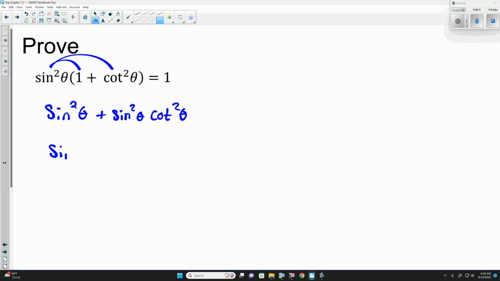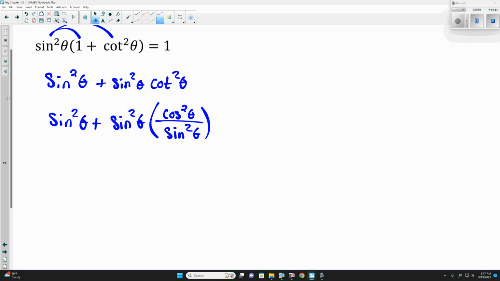Now, to simplify down, I can rewrite cotangent in terms of sine and cosine, because cotangent is cosine over sine. So cotangent squared is cosine squared over sine squared. And because we have this, the sine squared and sine squared will simplify to 1, leaving us with sine squared of theta plus cosine squared of theta.